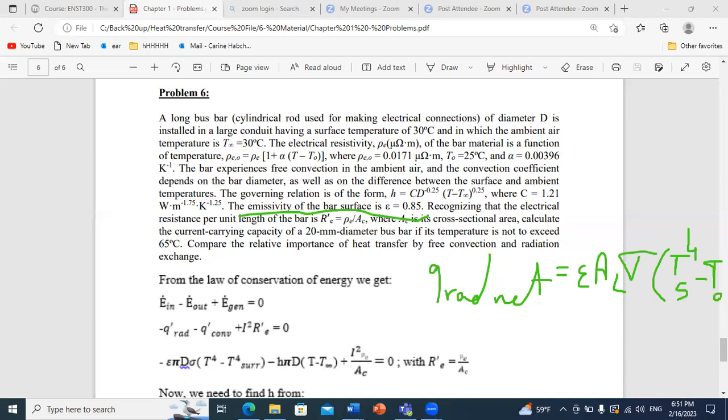So you can already see that you have all parameters. They gave you epsilon, you know sigma.